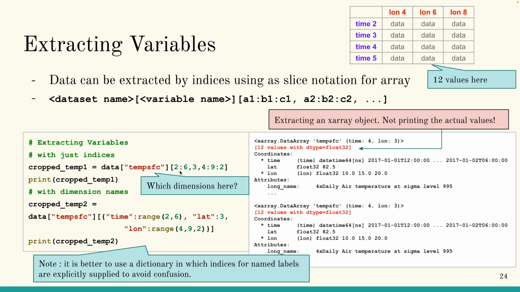It turns out that you don't need to know the order of your dimension. You just know the names, and then you can put them in different orders. It doesn't have to be time, latitude, longitude anymore.